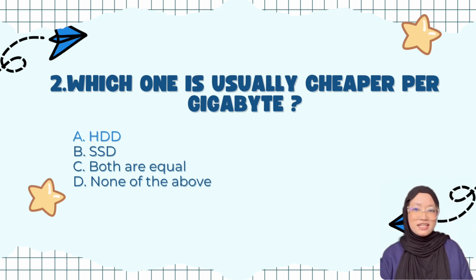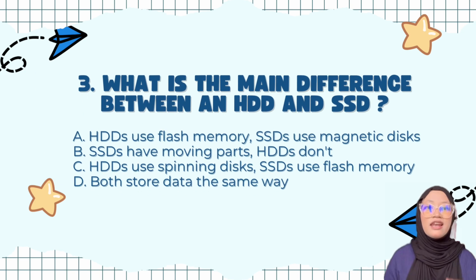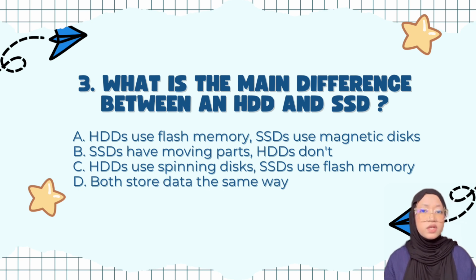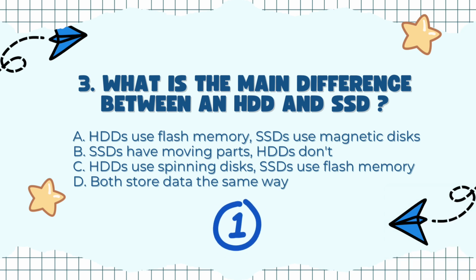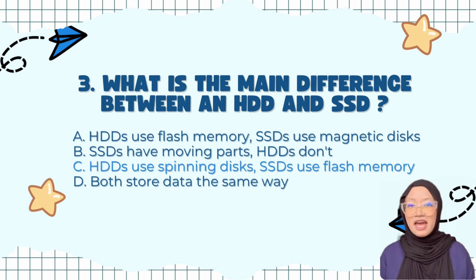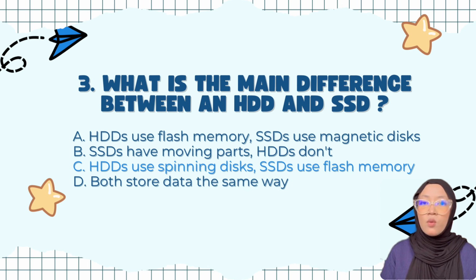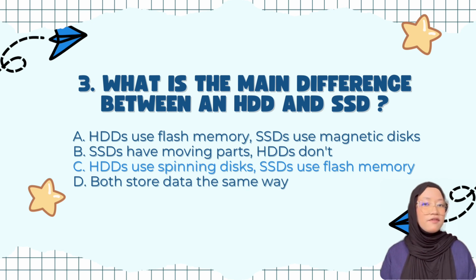The answer is A, which is HDD. For the last question, what is the main difference between HDD and SSD? Excellent. The answer is C. HDDs use spinning disks while SSDs use flash memory.